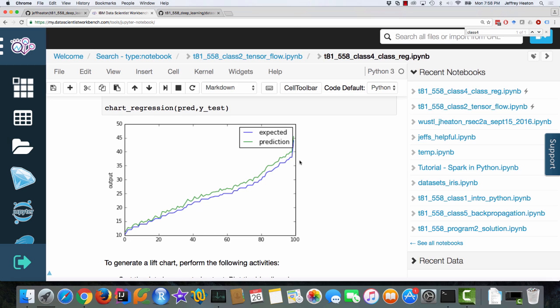To generate this chart, the very first thing that you do is you take all of your predicted values, your y's, and put all the corresponding predictions with them. So you create a data frame almost of those two, and you sort it by the expected.